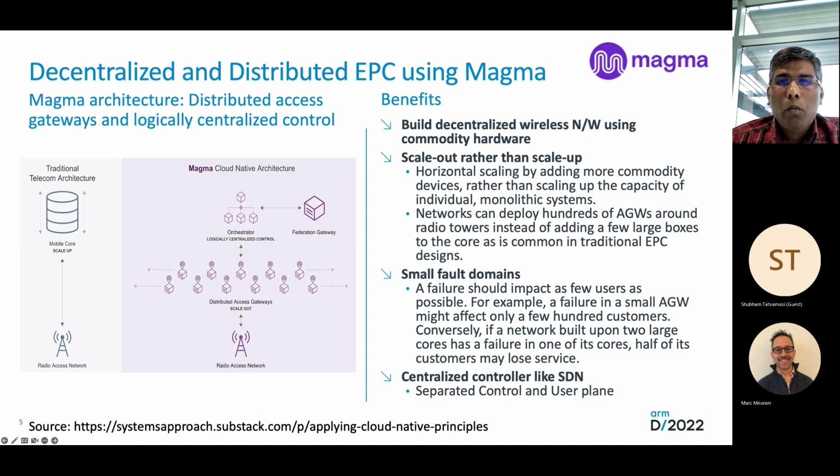Using Magma, wireless internet service providers can build their own cellular network and integrate their network to MNO core using this Federation Gateway component. The cellular network that they build can cater to a few hundreds or thousands of devices depending upon the scale, and they can choose any ARM device of their choice to run the Magma mobile core.